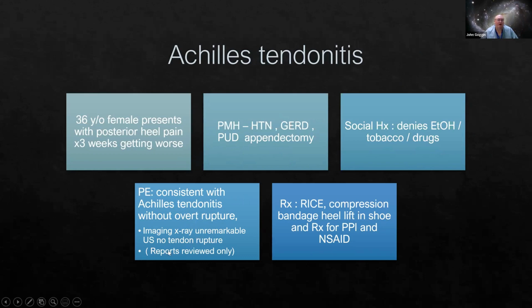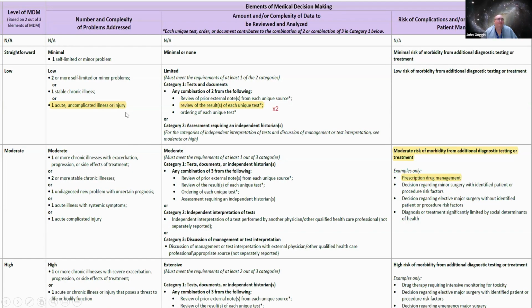You reviewed an X-ray from an outside source and an ultrasound from an outside source, and then you prescribe a fairly straightforward treatment plan. So this would be an acute, uncomplicated injury or illness, simple Achilles tendonitis. However, you did review a couple of tests from outside sources, so that puts you again in this low category.